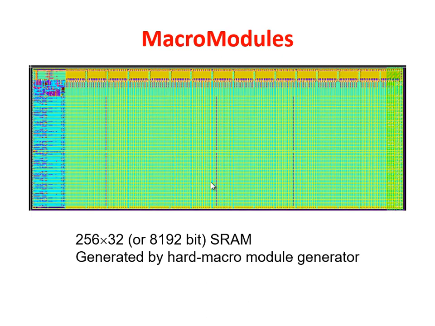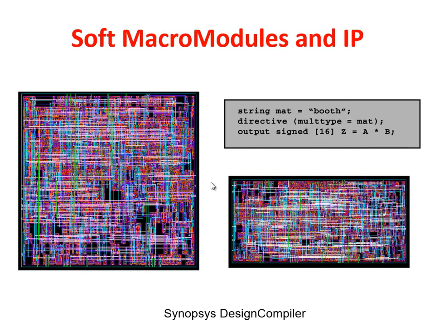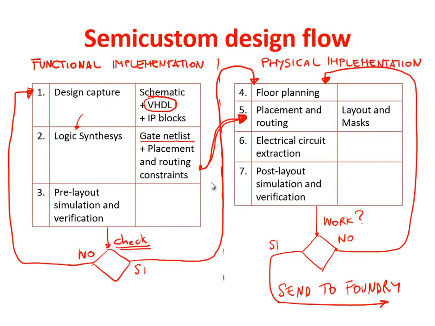You typically also have a bit of programmability in the library, in the sense that you can specify the size of the RAM, and it has an algorithm inside to build the RAM according to specifications. And then you can have other macro modules that are less regular because they are internally custom designed and, for example, perform some logic functions and are used for specific applications. Okay.